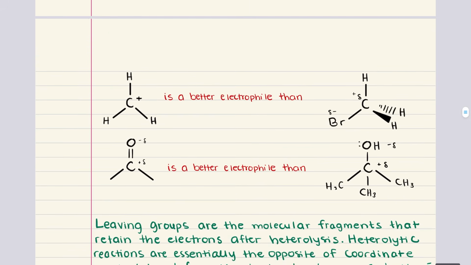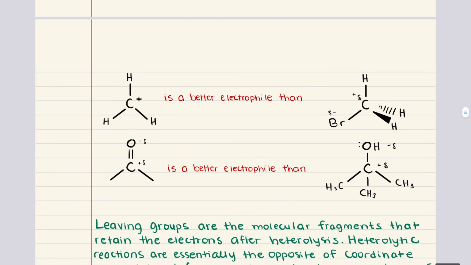The key distinction between electrophilicity and acidity is that electrophilicity is a kinetic property, meaning it describes how readily an electrophile reacts rather than how thermodynamically favorable the reaction is. However, electrophilicity often correlates with acidity because molecules that donate protons also tend to be good electrophiles.